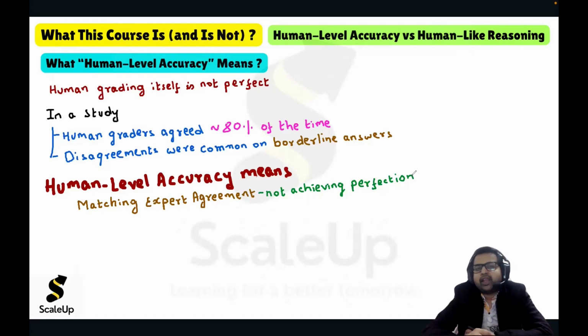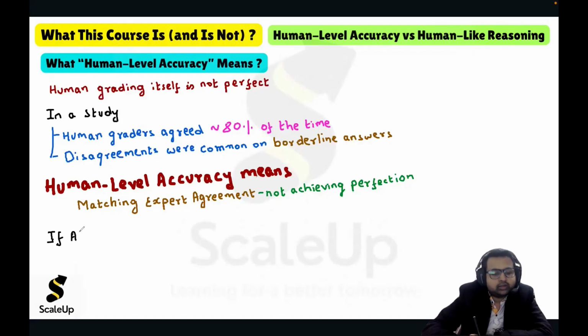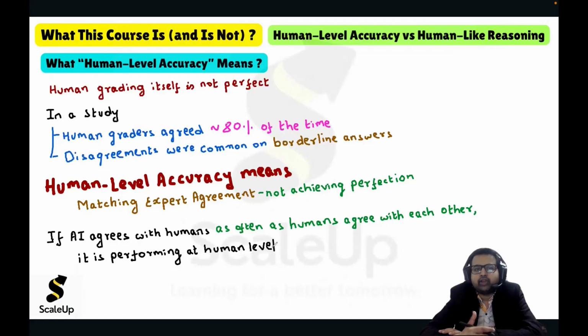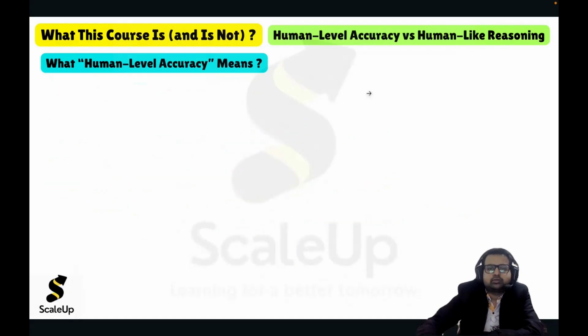So if AI agrees with humans as often as humans agree with each other, we can say that AI is performing at human level. It's not about achieving perfection.